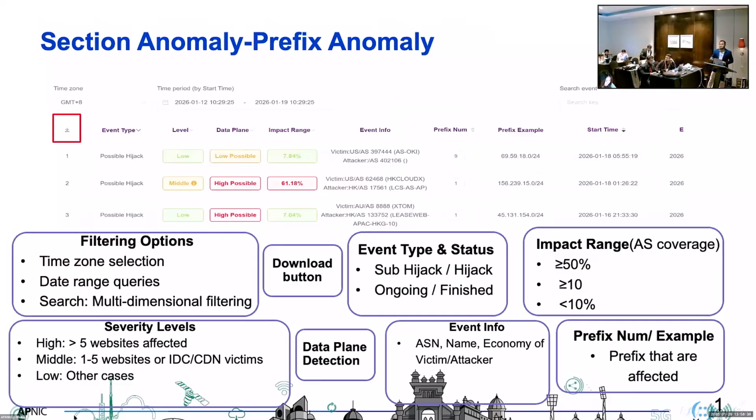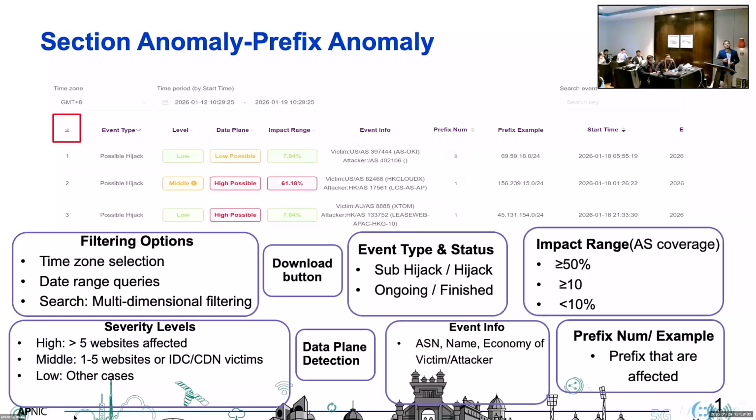And if you go to the details in the website, on the next page, you will find the prefix anomaly section of the detailed view. Details of prefix anomaly. If you go to the detail, there are a lot of features there.